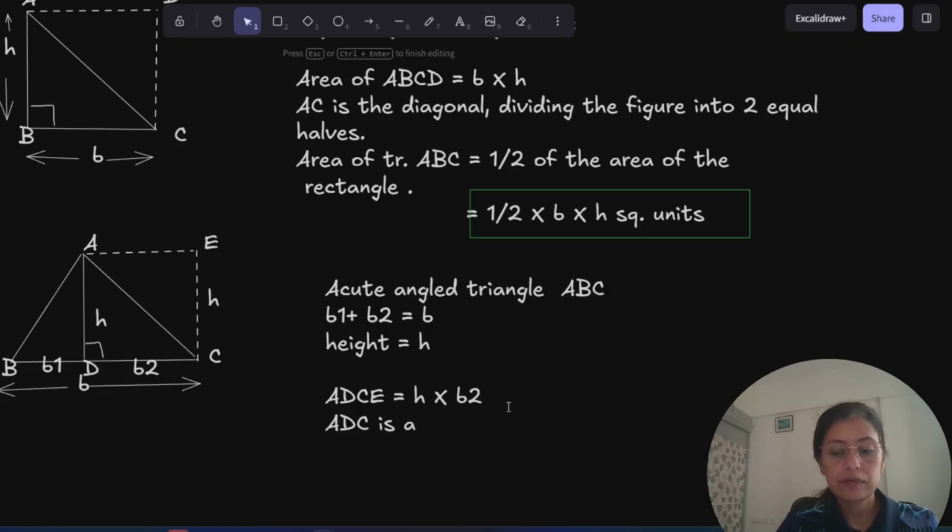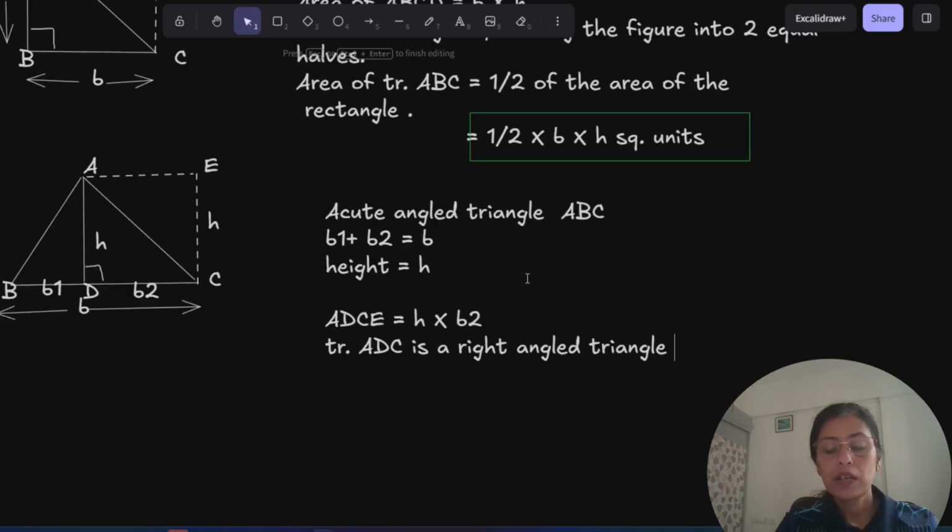ABC is this triangle. ADC is a right angled triangle. We already proved here, right, that area of a right angle triangle is half of B into H. So we can say, we can use that same thing. Area is equal to half of, what is the base here? Base here is, maybe I'll just write it down here.